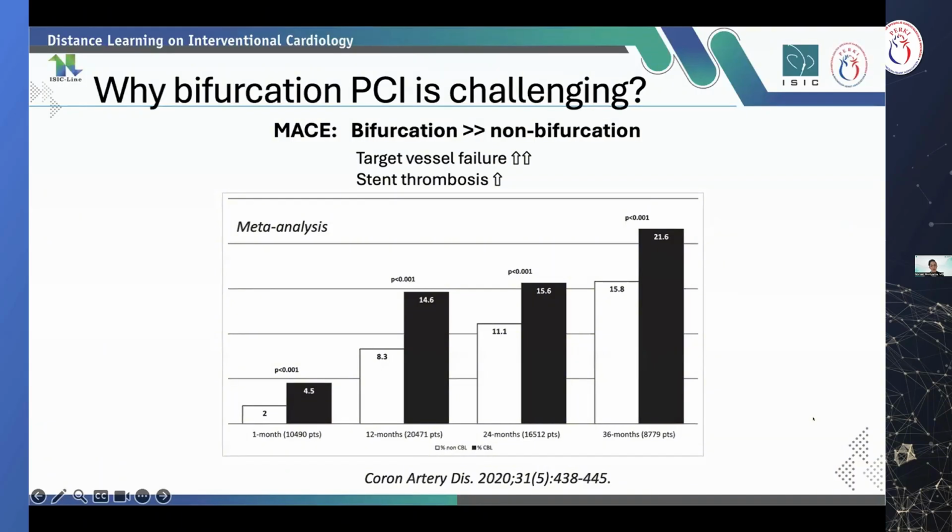As you see in this slide, even in the early phase we have a significant difference in target vessel failure and stent thrombosis. Even after 3 years, we have a significant difference in the rate of TVF and stent thrombosis. This is data from a meta-analysis.